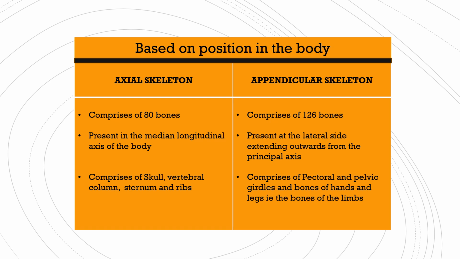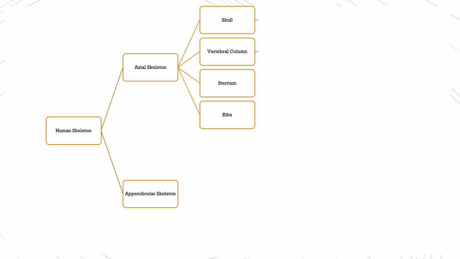Now let's see the main parts and the bones present in the human skeleton. So human skeleton, as we said, is of two parts, axial skeleton and appendicular skeleton. Within the axial skeleton comes the skull, the vertebral column, sternum and ribs.